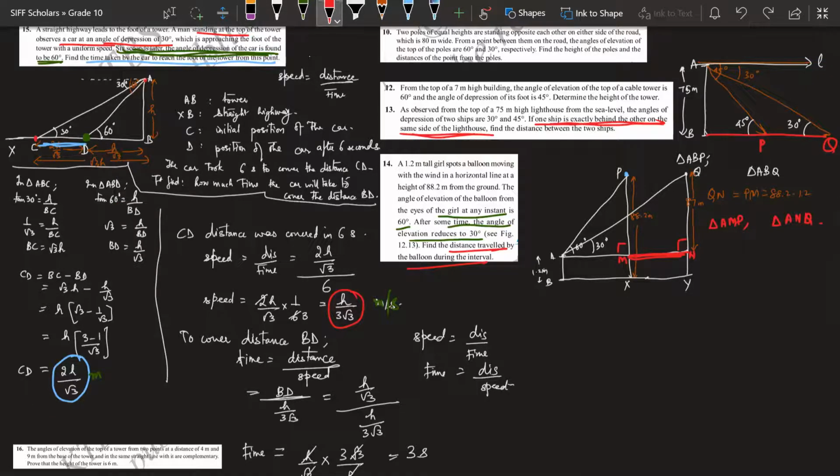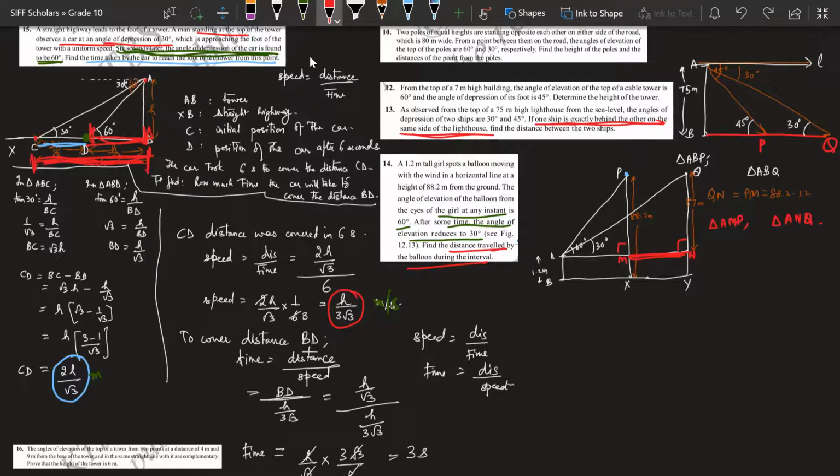So what we did, we took this as h, so that we'll use this h throughout. And we found BD also in terms of h, and CD or CB also in terms of h. Once we found both of these in terms of h, we were able to find CD also in terms of h.